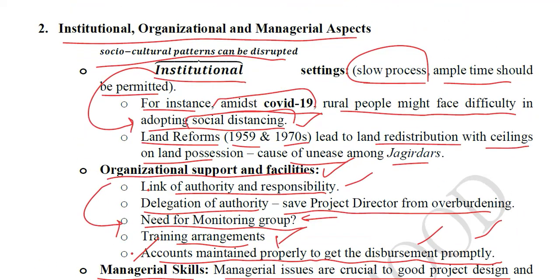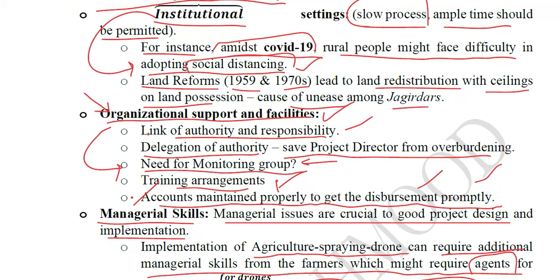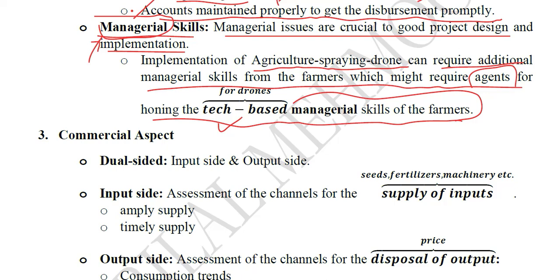So these are a few things that are related to the society and to the organization and the human resource, and this also pertains to the human resource. However, this is specific to the managerial side of the project and not to the other manpower which is working under the manager. And now we talk about the next aspect, which is commercial aspect.